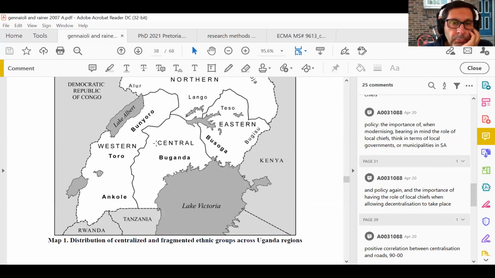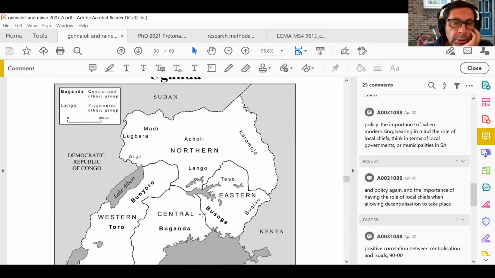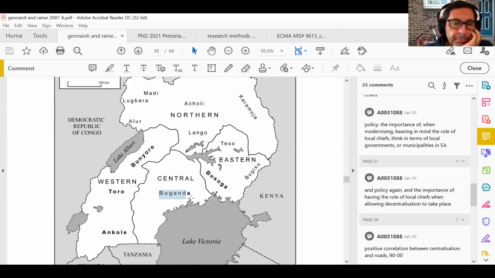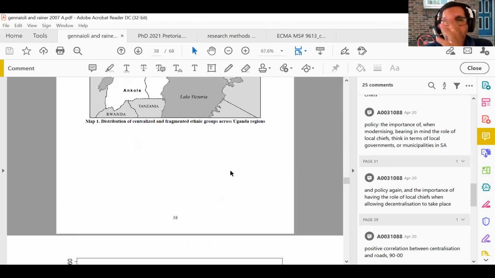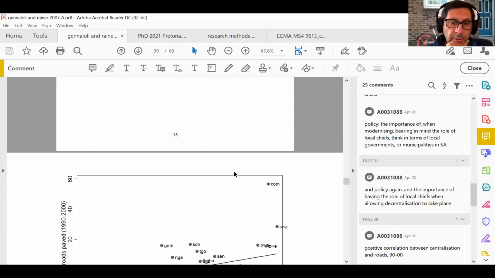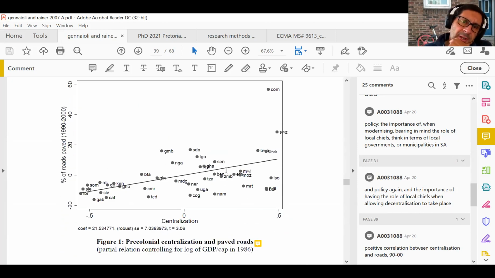Okay. Buganda here, right? More centralized, not in terms of being more central, but in terms of having more political centralization. And then at some point they are going to compare one group with another in terms of provision of public goods. Here, folks, that's very nice, right?